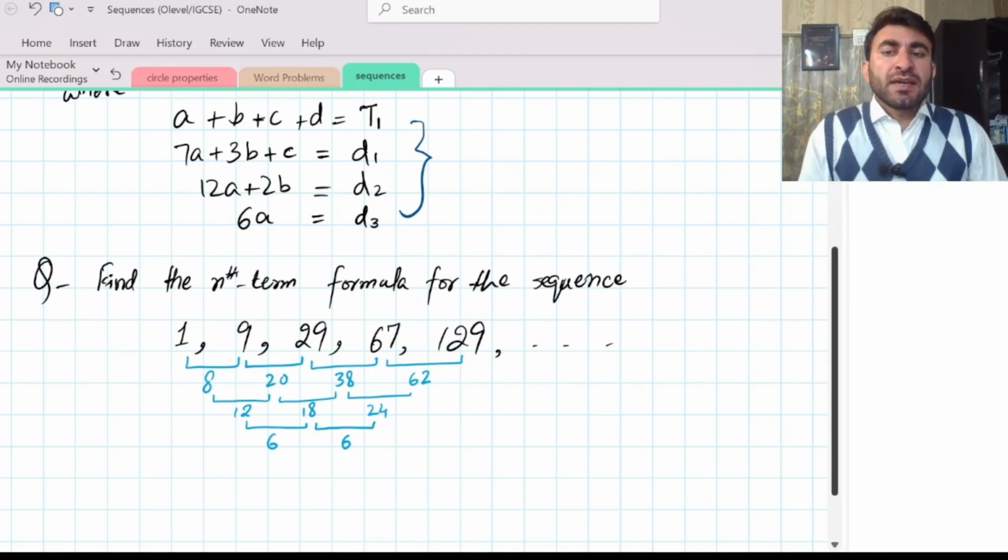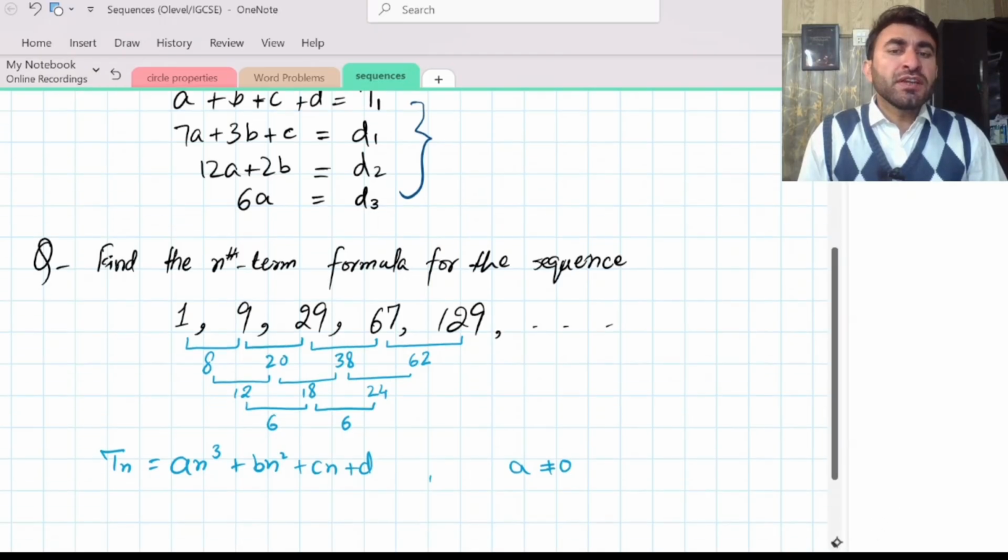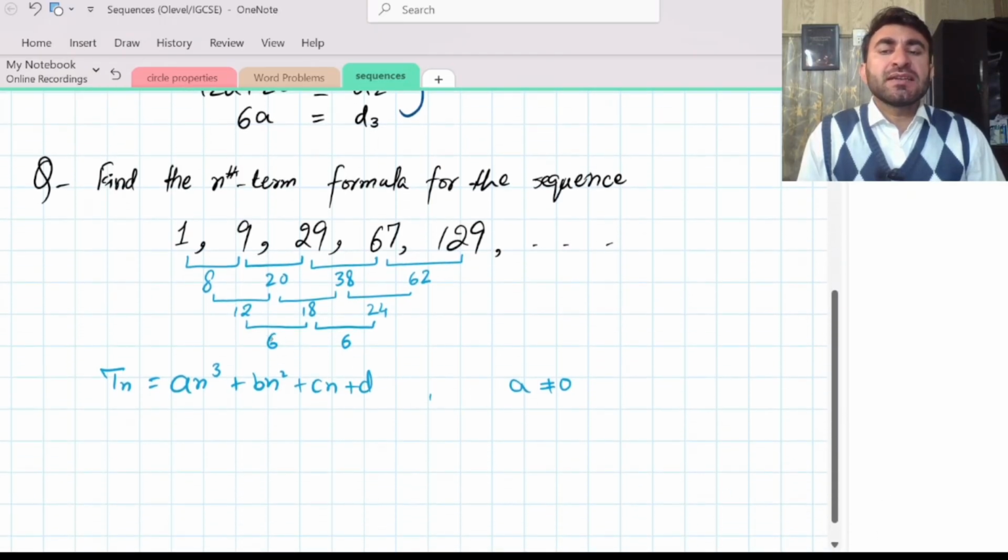So the nth term of the cubic sequence should be Tn equals an cube plus bn square plus cn plus d, where we know that a cannot be 0 because it is a cubic sequence. Now we need to figure out the values of a, b, c and d.